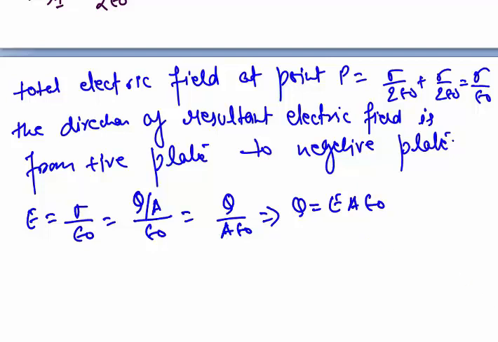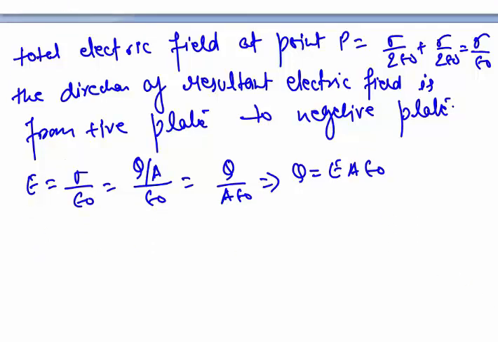Now using the earlier concept about capacitors, Q is equal to CV. So E A epsilon is equal to capacitance C into the potential difference gained by the plates. Please remember, V is the potential difference gained by the plates till steady state.